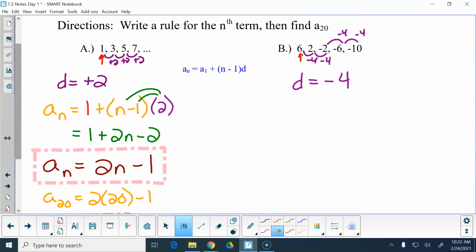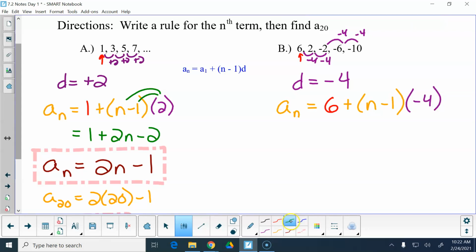So utilizing my rule, A sub n is equal to 6, that's my first term, plus n minus 1 times my common difference of -4.